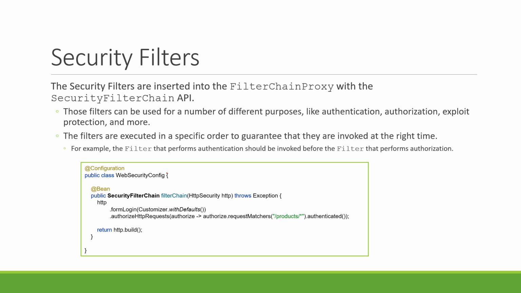Next one. The Spring Security filters are inserted into the FilterChainProxy with the SecurityFilterChain API. So if we want to navigate or work on the filter chain of Spring Security, what we have to do is work on these methods.